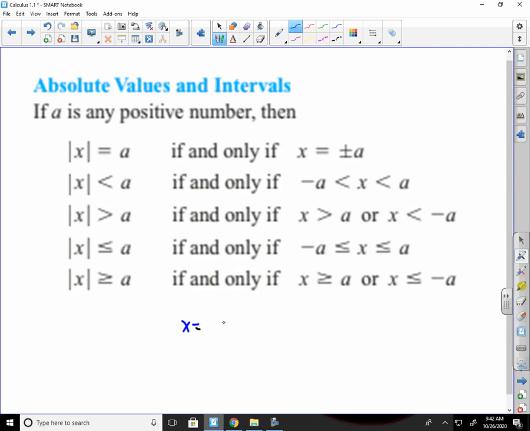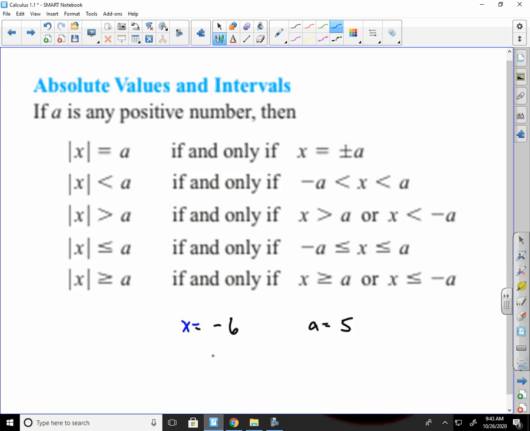If x is negative 6 and a is 5, then negative 6 is less than or equal to negative 5.